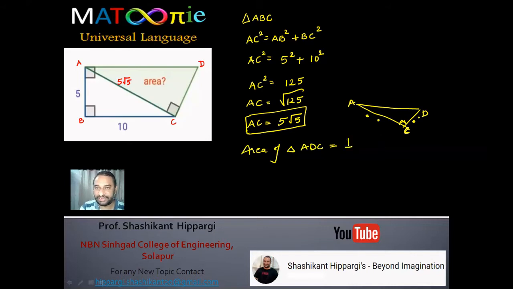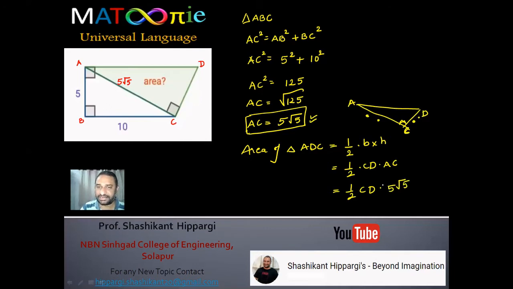So it is nothing but half of the base into height. I'll consider CD as the base, so I can write it as half of CD multiplied by height, which is AC. AC you have calculated already, which is 5 root 5.